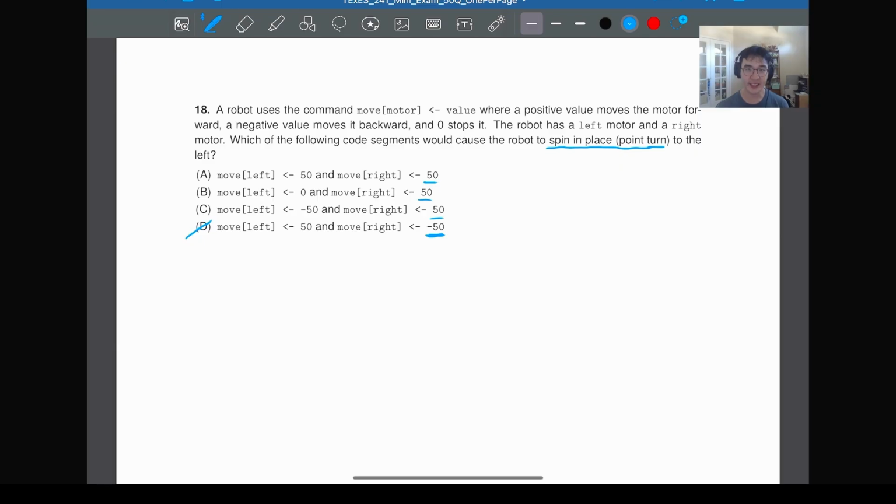Well, if the left side is going forward, then the robot is just going forward, right? Both the left and right motors are going forward. So it's not that one. Now we have to decide, do we want the left side to just stay as it is, or do we want the left side to move backward? And the correct answer is we want the left side to move backward because we want the robot to spin in place.